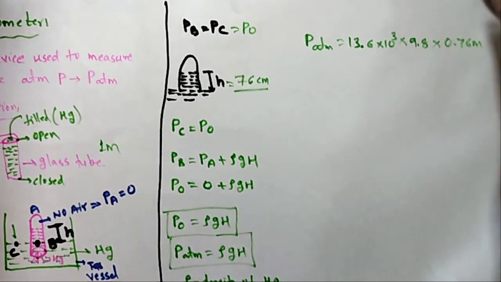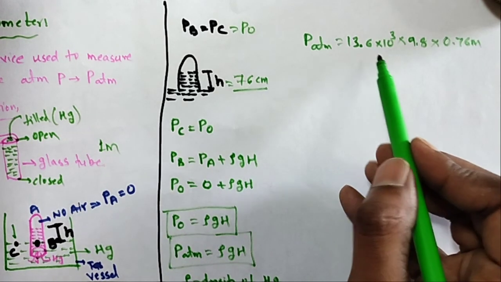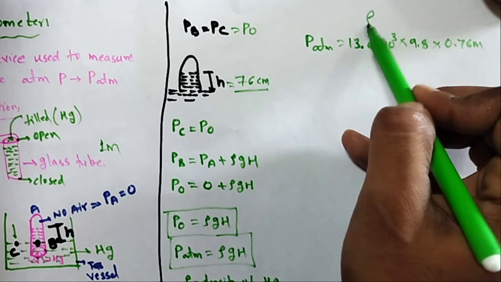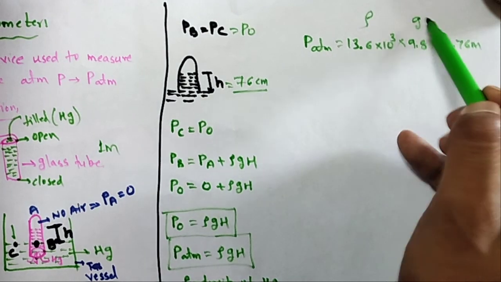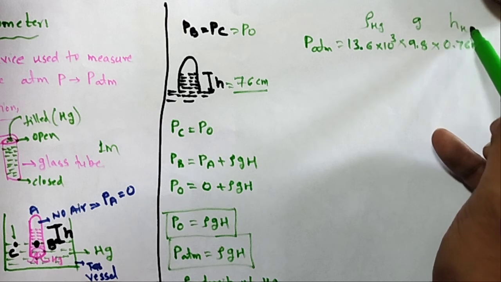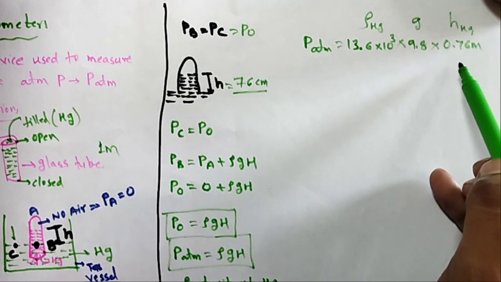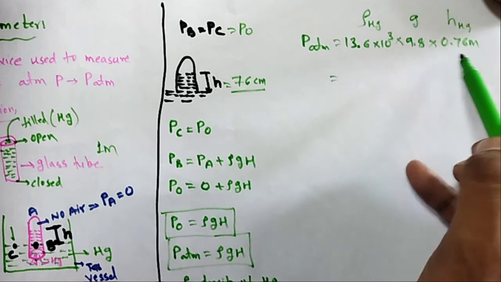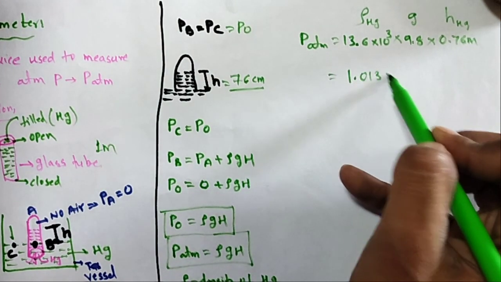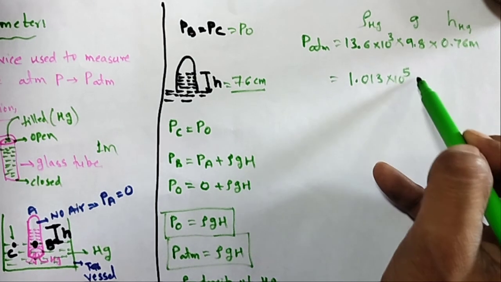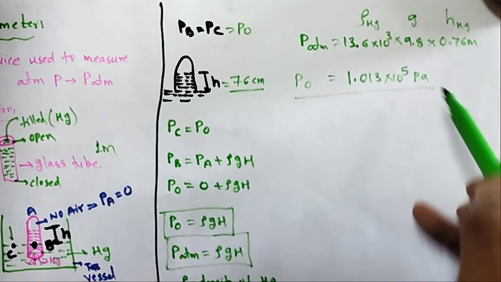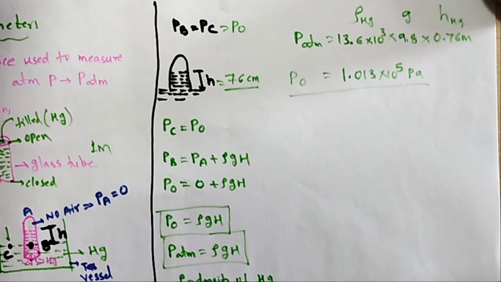Here rho is the density of Hg, g is gravity, and h is the height of the Hg, 76 centimeter. Substituting all these values, you get 1.013 into 10 power 5 Pascal. So this is P naught or P atmosphere, 1.013 into 10 power 5.